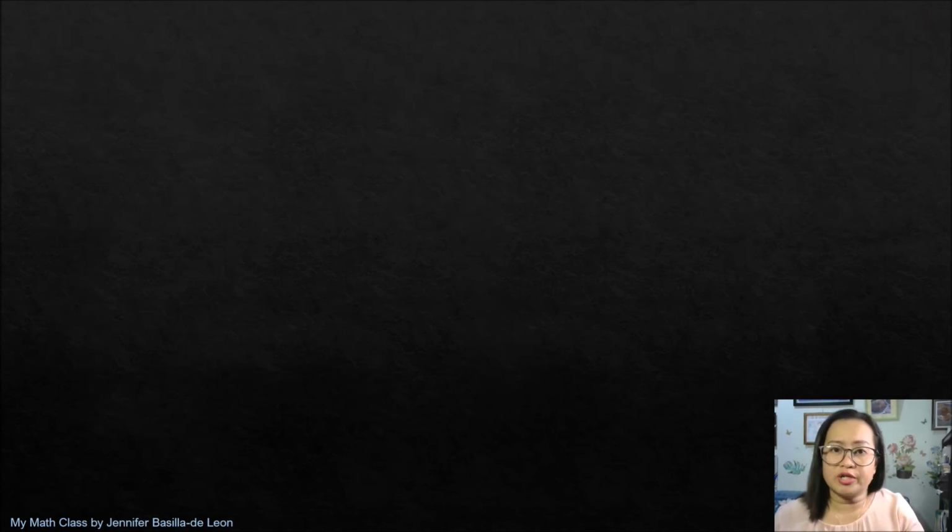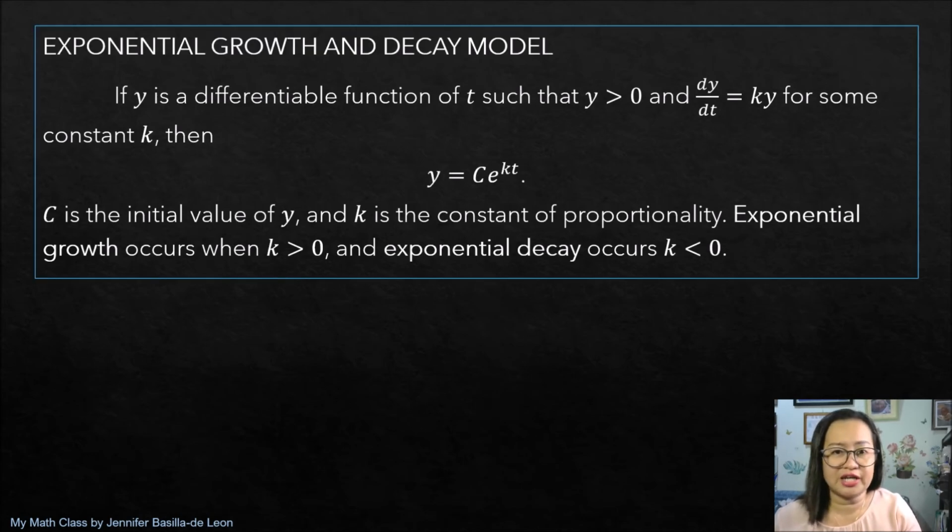You might be wondering, where can we apply the concept of antidifferentiation? Today, we shall learn about the exponential growth and decay model, which is given by: if y is a differentiable function of t such that y is greater than 0 and dy/dt equals ky for some constant k, then y equals ce raised to kt, where c is the initial value of y and k is the constant of proportionality.